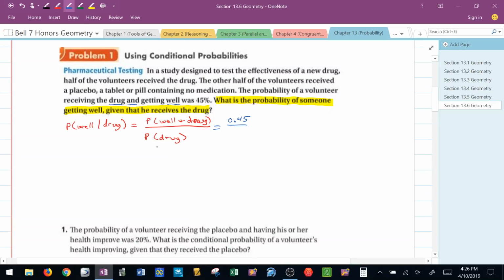For the probability of the drug, back up at the top, it says half got the drug and half didn't. So the probability is 0.5. If I divide these two, I get 0.9, which we could write as 90%, or 9 over 10. So this is how I do a conditional probability.